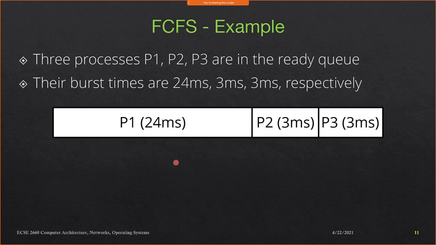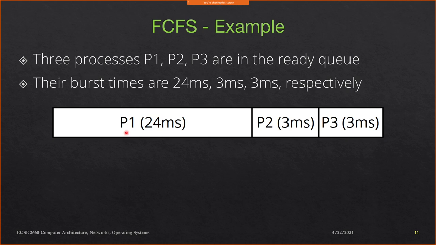And first come first serve is actually not even preemptive, right? So if you're working on P1, you have to complete it in order to move to P2. You're not kicking P1 out because it's too long.